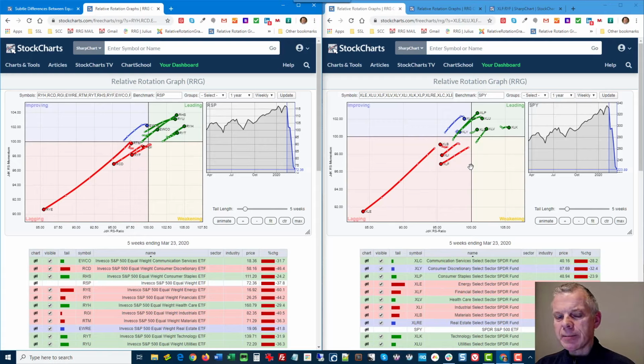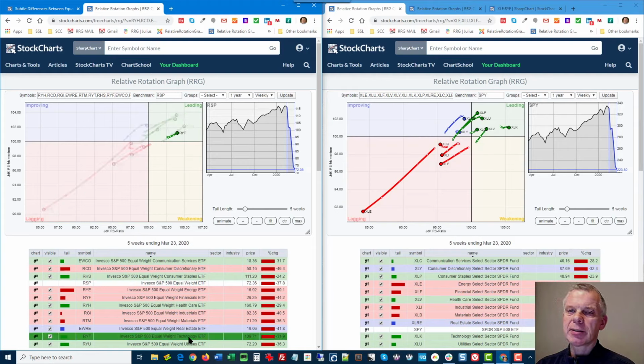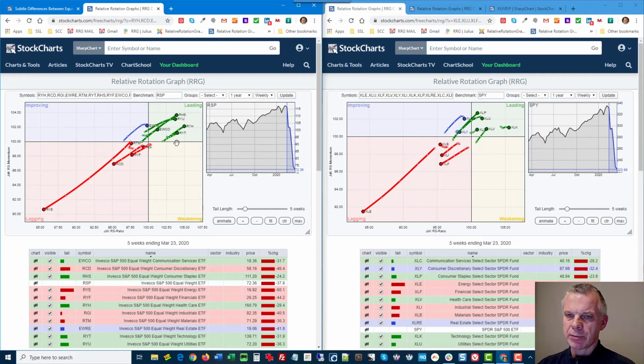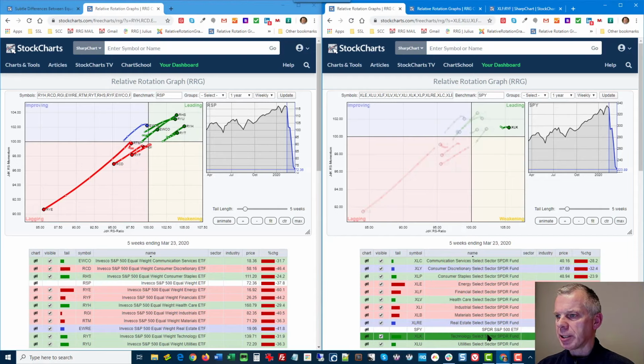The first one that I want to point out is the position of technology. In the equal weight RRG, technology is not the strongest in terms of RS ratio. That's actually healthcare. On the regular RRG, technology is still far to the right.